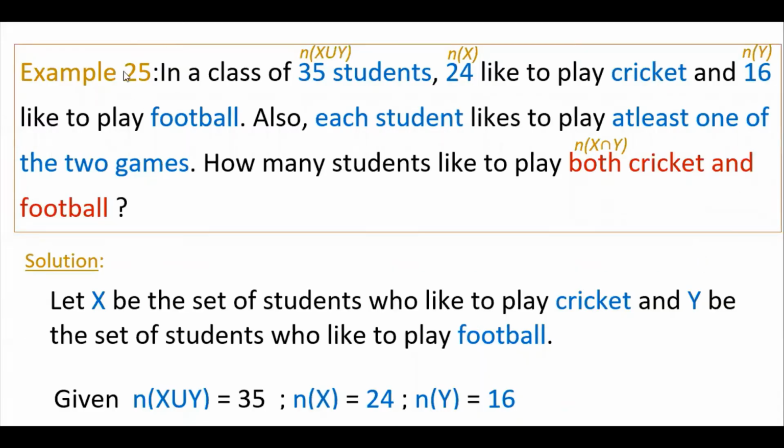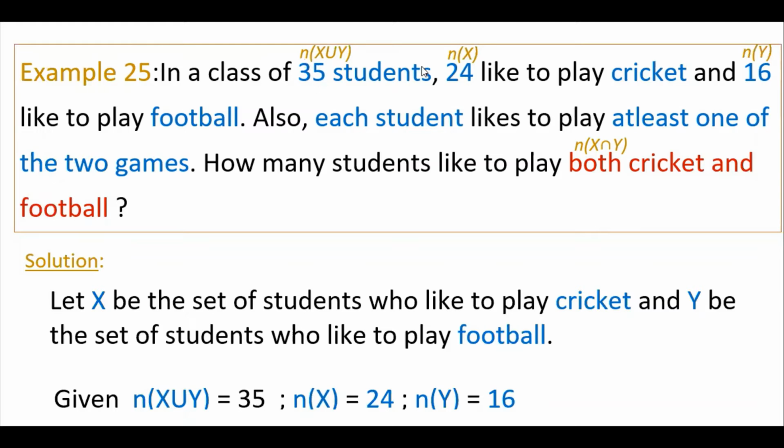This is the 25th example. In a class of 35 students, 24 like to play cricket and 16 like to play football. Also, each student likes to play at least one of the two games. How many students like to play both cricket and football? So here there are total 35 students.